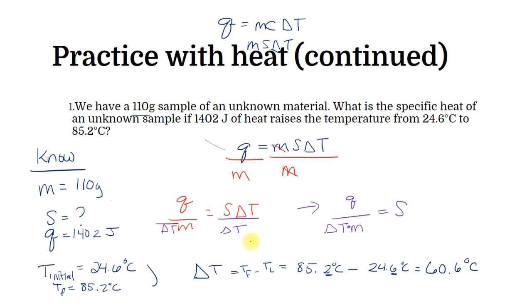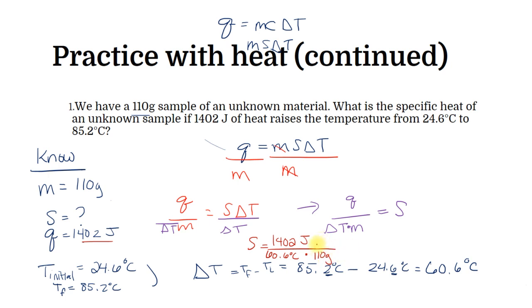All right, so S is going to be equal to Q. We said Q is 1402 joules. Let's see, delta T, we have 60.6. And mass, we said, was 110.